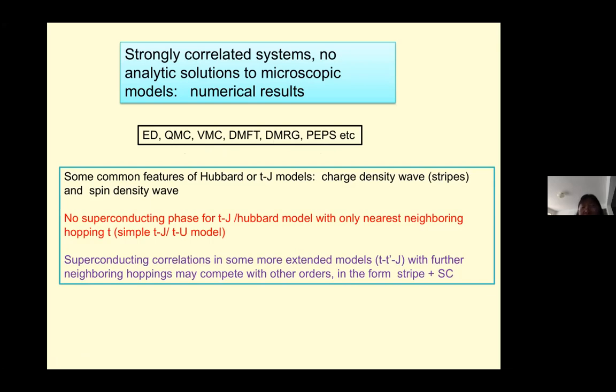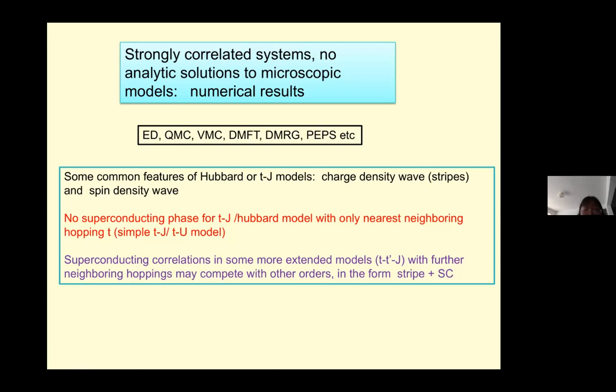So combined studies provide more insight into those models. Before we look at more detailed numeric results, I want to give a very brief summary of what has been established based on numeric studies.